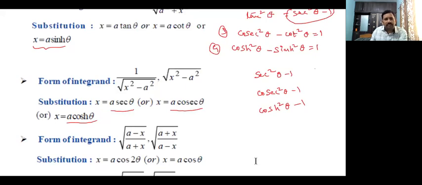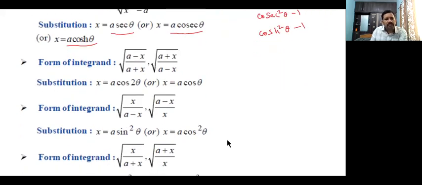Students, did you understand? Now another one, under root a minus x divided by a plus x, under root a plus x by a minus x related. We know the formulas 1 minus cos 2 theta divided by 1 plus cos 2 theta.